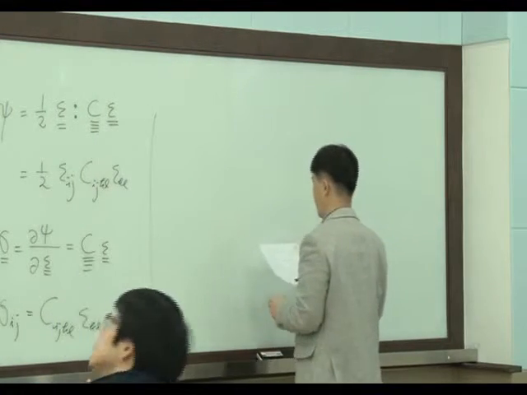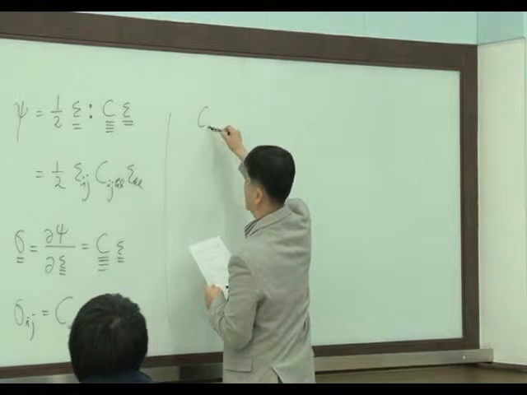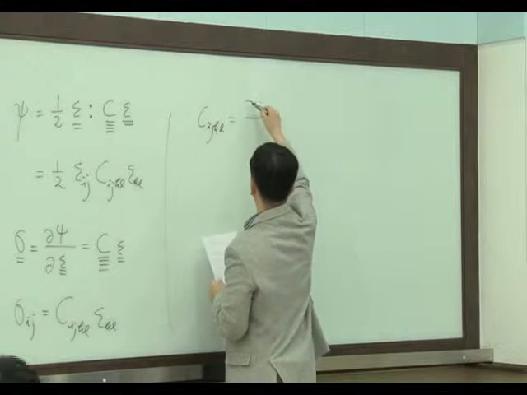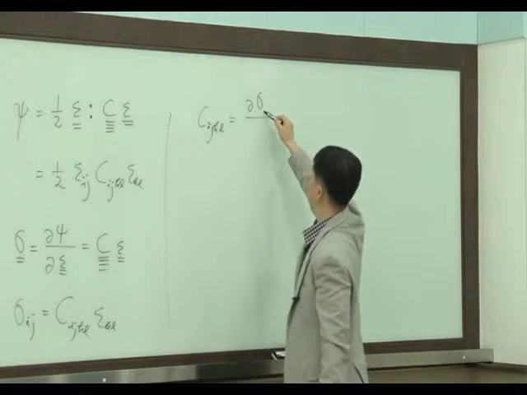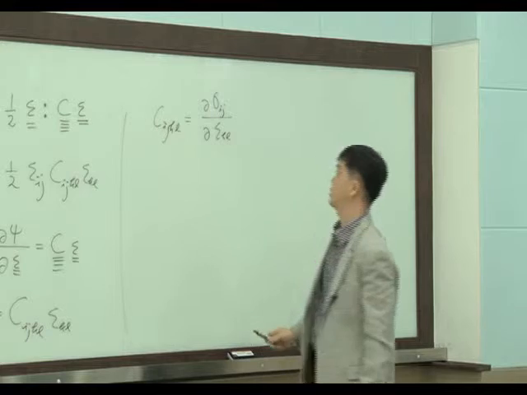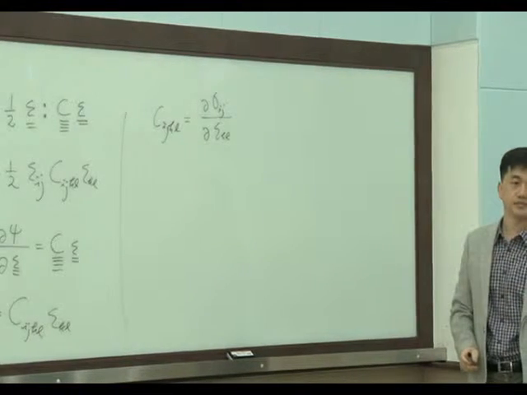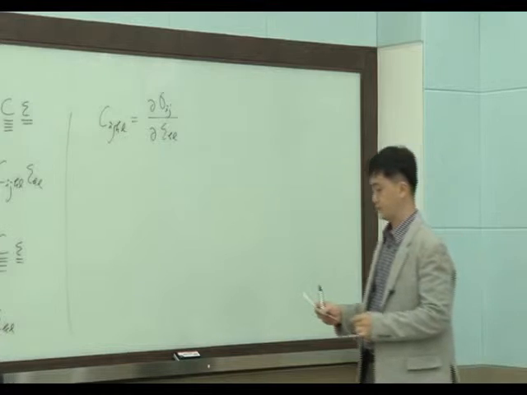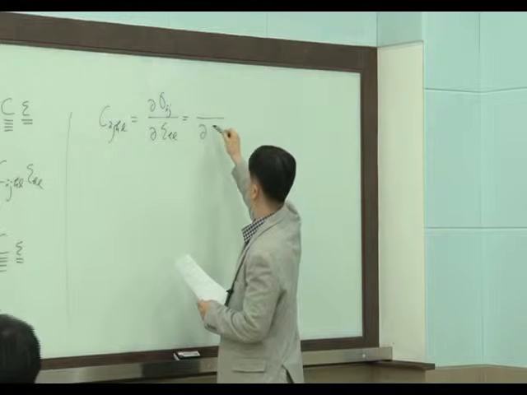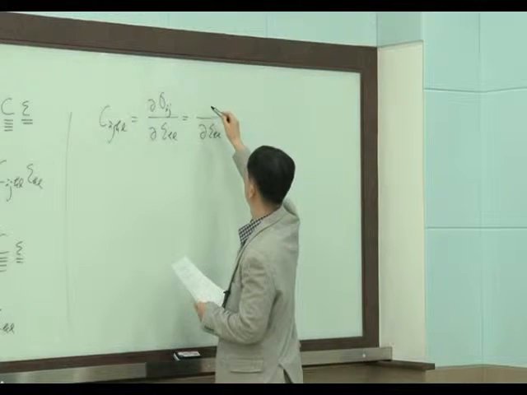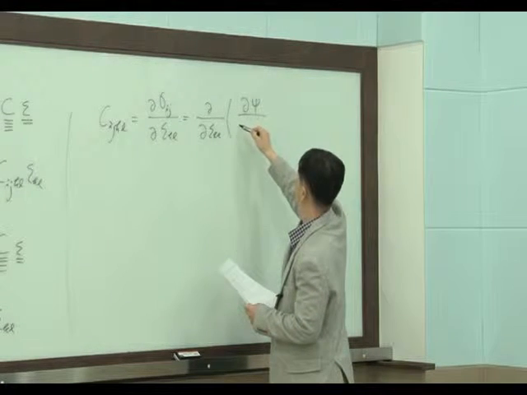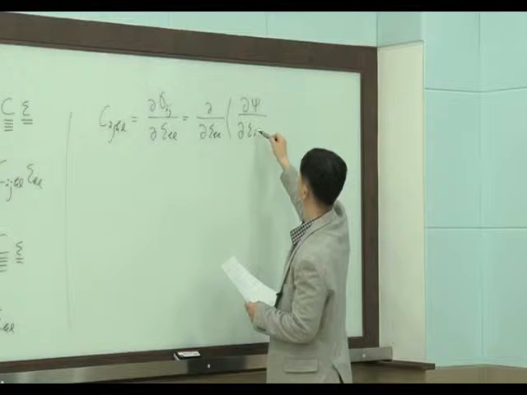Okay, then we can calculate C_ijkl by differentiating the stress σ_ij with the strain ε_kl, right? And that equals the derivative of the free energy with respect to strain ε_ij and strain ε_kl.